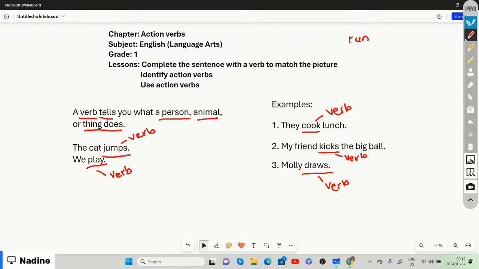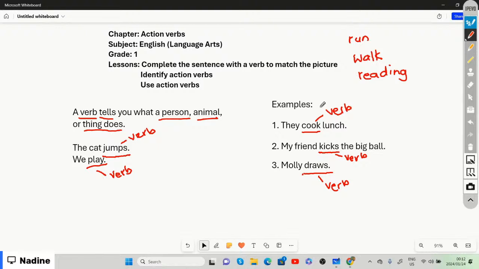If we think of another example, we can even say walk. That's also a verb. It's something that someone is doing. Reading, it's a verb. What else do you think is a verb?